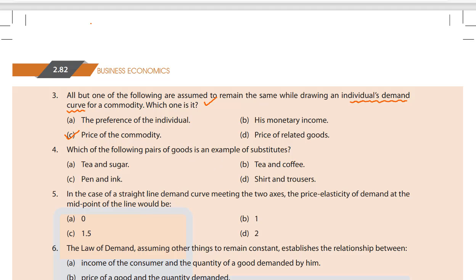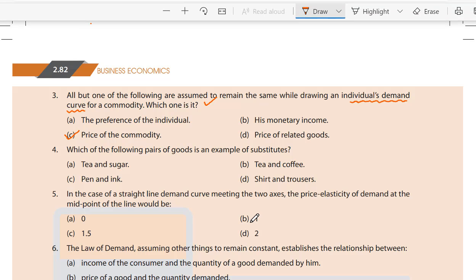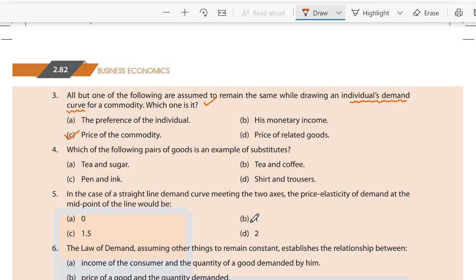Let's see the next one. Which of the following pairs of goods is an example of substitutes? Tea and sugar, it's not substitutes. Tea and coffee, pen and ink, and shirt and trouser.